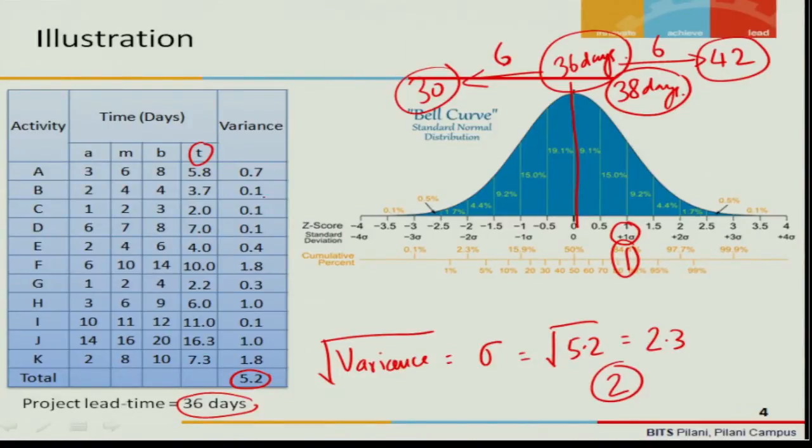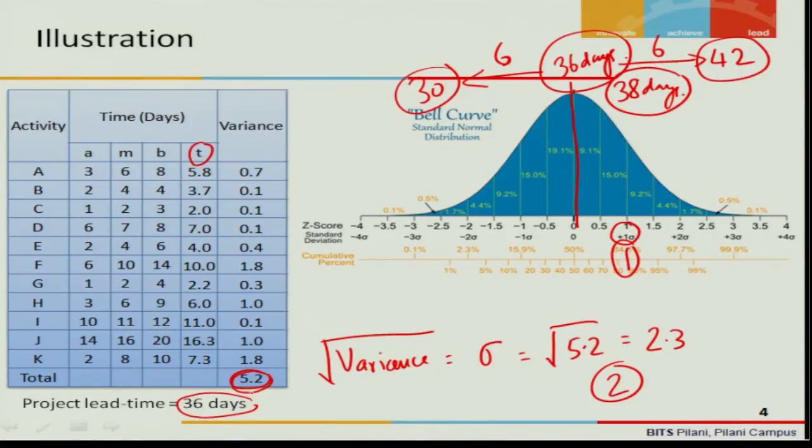We have computed the variance for all the activities. And to understand the project variance, we simply add all the activities on the critical path. The variance of all the activities falling on the critical path, if you sum it up, you will get the project variance, and we have found this to be 5.2.